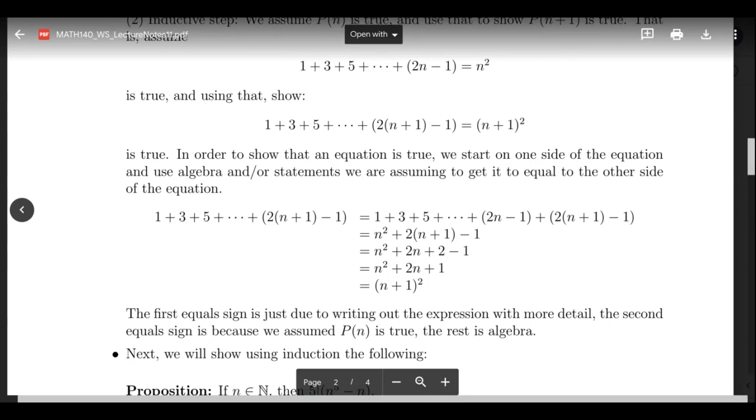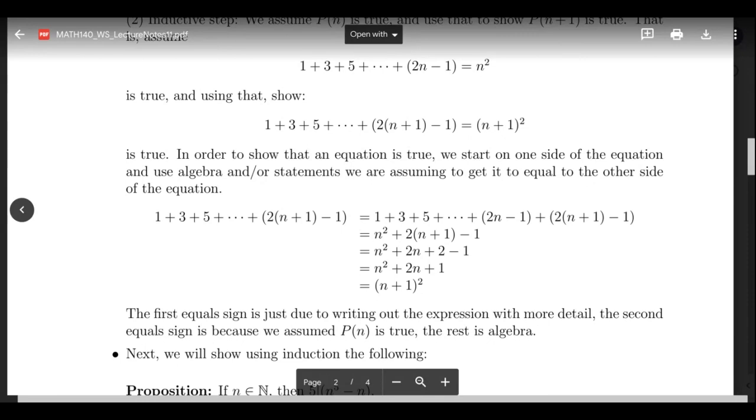It's 1 plus 3 plus 5 plus up to 2n minus 1 plus 2 of n plus 1 minus 1. 2n minus 1 is a representation of the nth odd natural number. Then what's the representation of the n plus 1th odd natural number? 2 of n plus 1 minus 1, right?